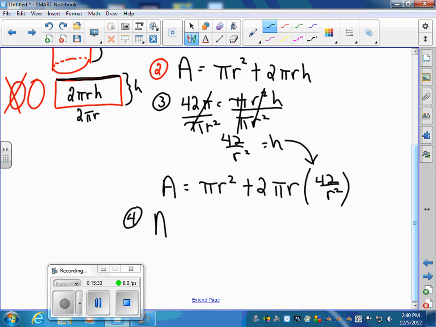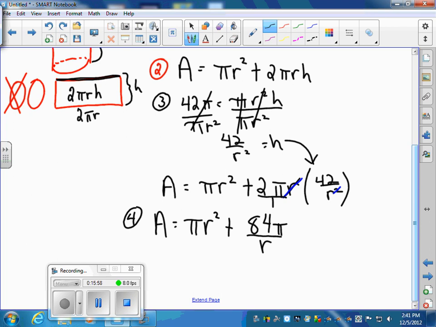So area would equal pi r squared plus, now I can cancel an r here with an r there and get 84 pi, that is being over 1, over r.